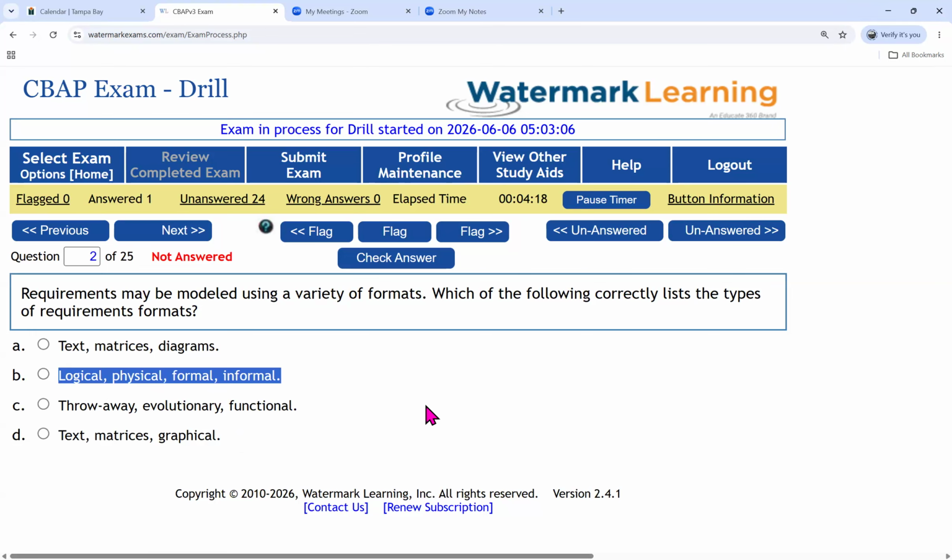I don't know if it is A for Alabama or D for Denmark. Diagrams, okay, or so graphical? Right. So you're pretty sure it's text, matrices. Okay. Yes. I'll go for diagrams.